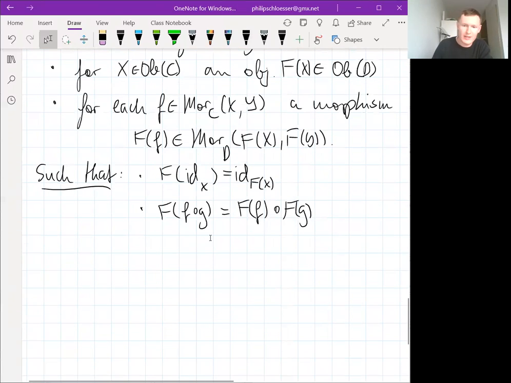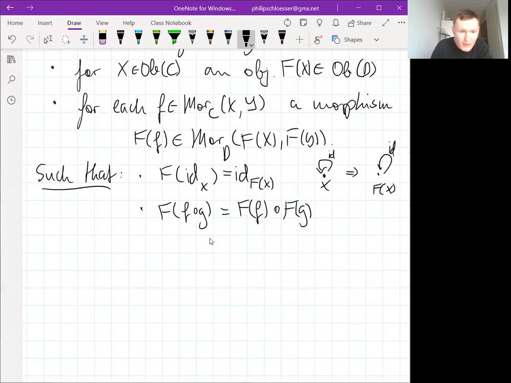If we want to write this in diagrams, then the first rule just means that the identity is mapped to the identity. And the second rule means that we have x, y, and z, with g, f, and f after g.